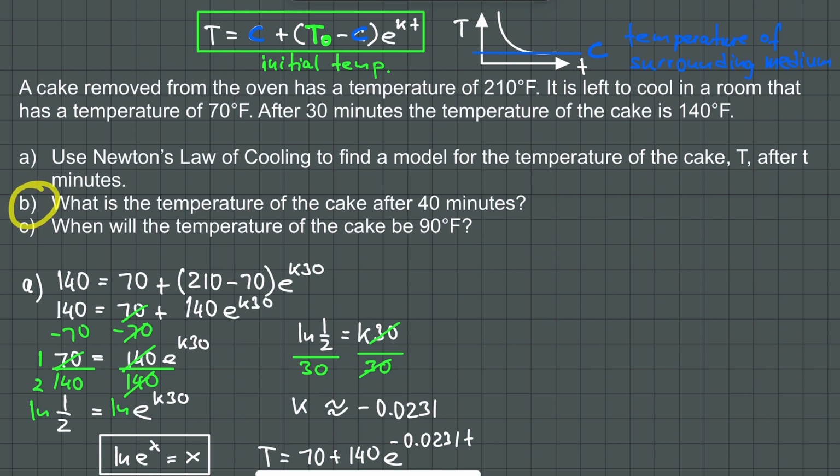Let's look at B. What is the temperature of the cake after 40 minutes? To find the temperature of the cake after 40 minutes, we just substitute 40 for t and evaluate to find T. So we can write T equals 70 plus 140 times e raised to the negative of 0.0231 times 40.